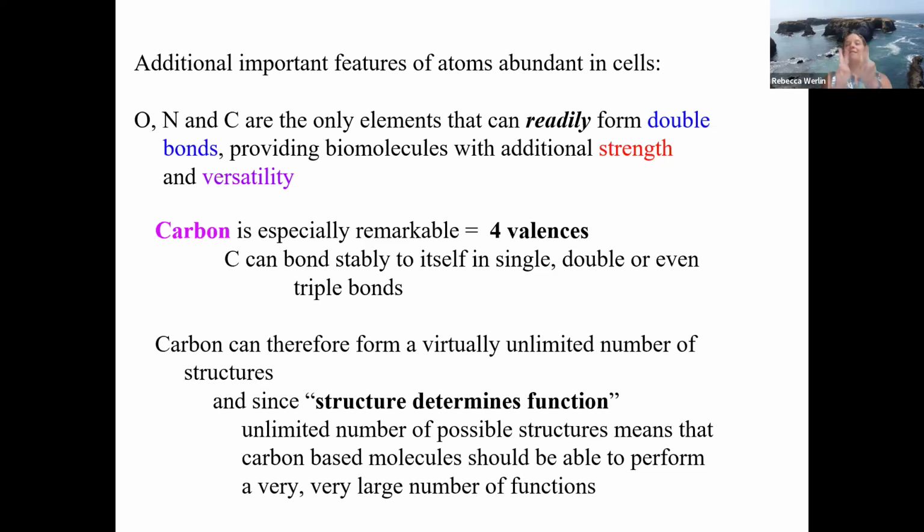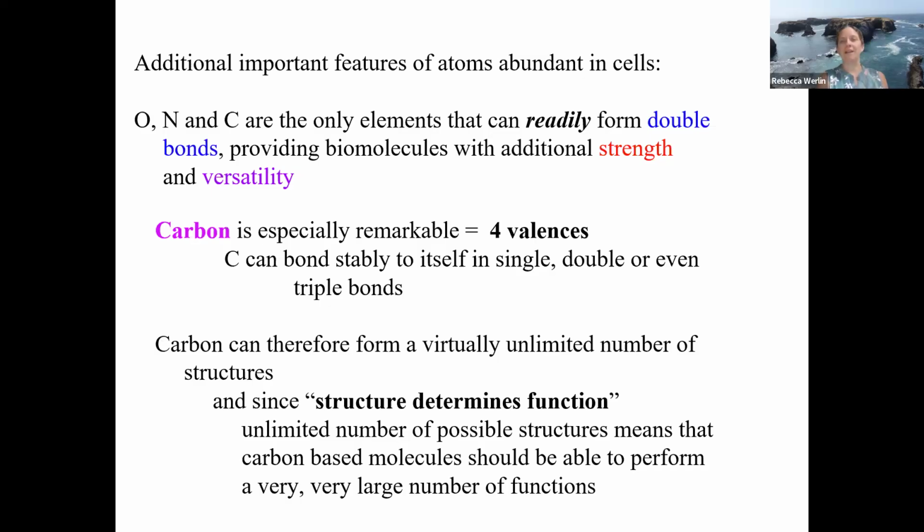Double covalent bonds, the equal sharing of 4 electrons. If you're sharing 4 electrons with another atom, you're going to have a very, very strong structure. It's not going to have a lot of give. It's not going to break apart very easily. So if you have double bonds, you're really increasing the stability of that molecule.